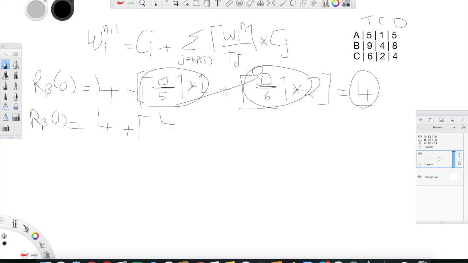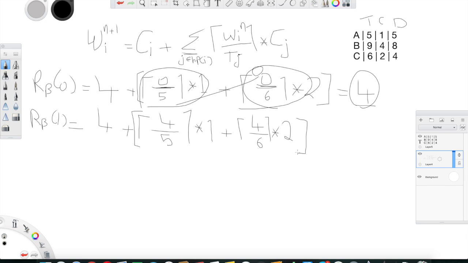So 4, which is w_i of n, the previous response time from the previous step, divided by, if I'm tackling task A, which has a higher priority than task B, the period of task A, which is 5, multiplied by the computation time of task A, which is 1, and since we are performing a summation, we will have a plus, because we have here a summation of all tasks that have higher priority than task i, which is task B, since i here is B. Plus the previous response time, which is 4, divided by the period of task C, which is 6, ceiling, multiplied by the computation time of task C, which is 2. Okay, and here we close the summation bracket.